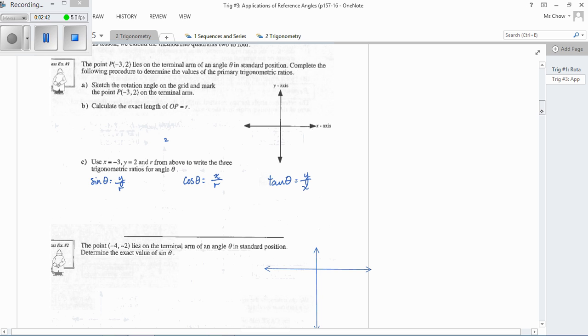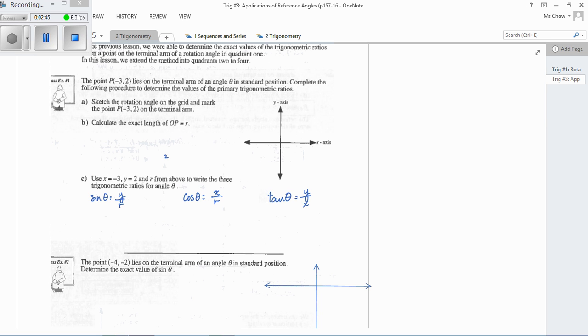It says that point (-3, 2) lies on the terminal arm of an angle theta in standard position. So let's go through and draw that on first. So -3 and 2, that puts us somewhere about here.